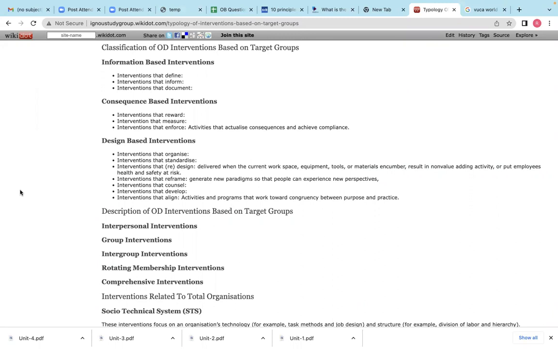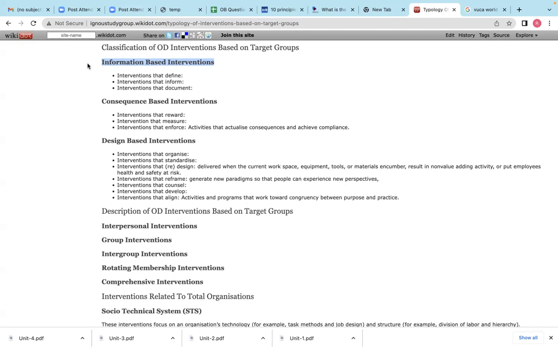First, the information based intervention. What is an information based intervention? It is anything where you are trying to meddle with the information that is there. For example, you are doing an intervention to define a vision, so you are scripting information.